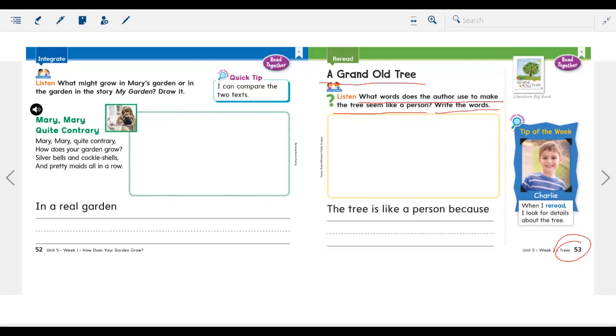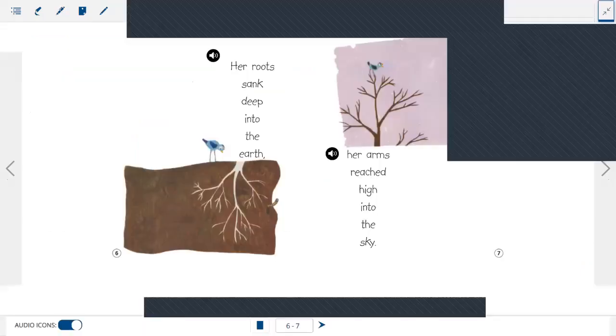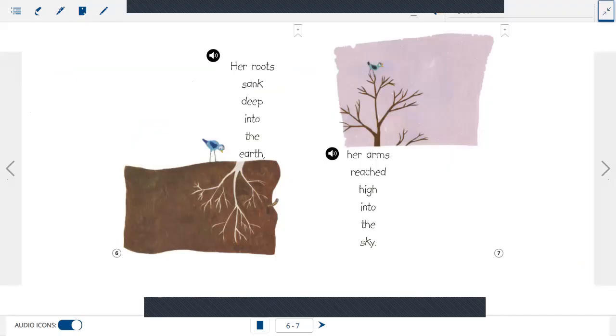And it asks you to write the words. So let's go back and see what words, or do you remember what words the author used? Let's go back and look at the book. Okay, let's reread so we can understand.